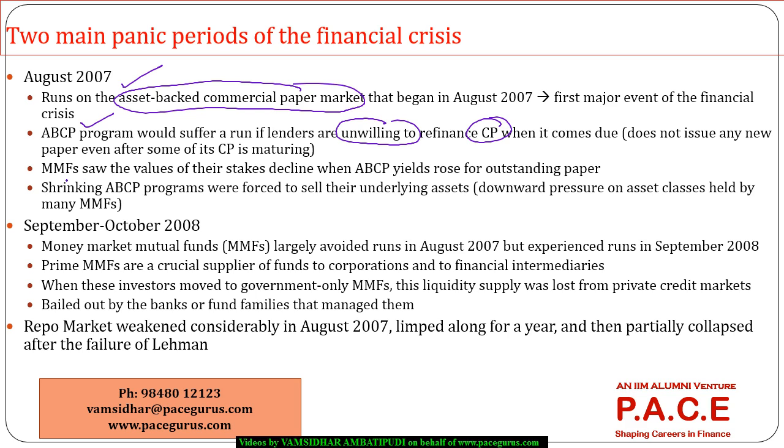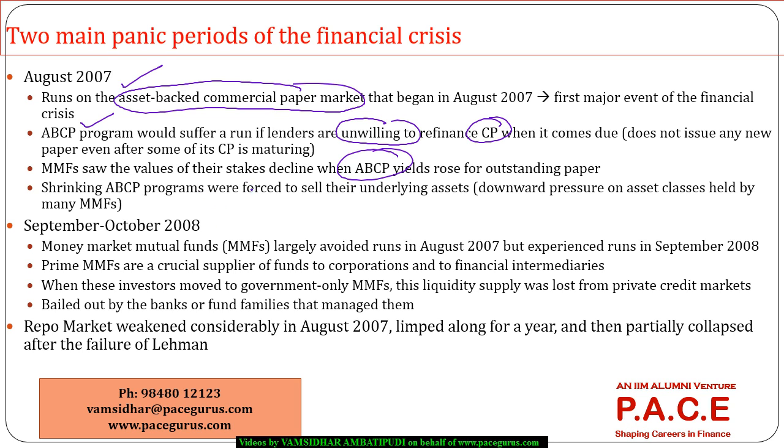The money market funds' values were going down quite drastically. The asset-backed commercial paper yield was increasing higher and higher because there was a lot of unwillingness among the lenders. Even if they were lending, the lending rates were much higher, which resulted in the value of all the assets held by the money market funds declining sharply.